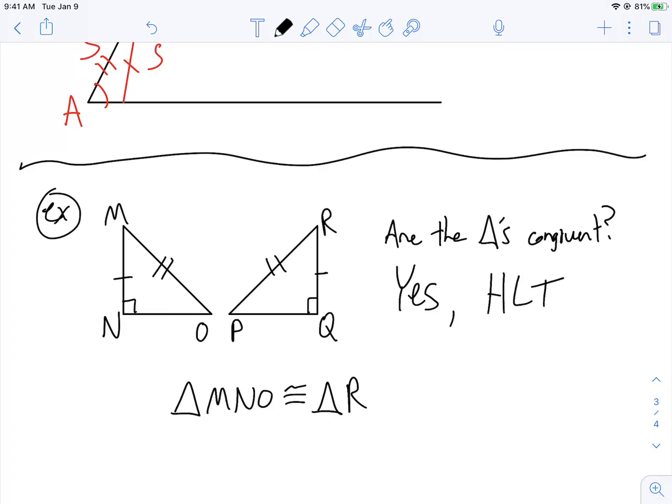Now, two ways we can do this. Our triangle goes from M to N, so we're going to go from M to N. That takes us across congruence number 1. R going across congruence number 1 takes us to Q. That means Q has to match up.